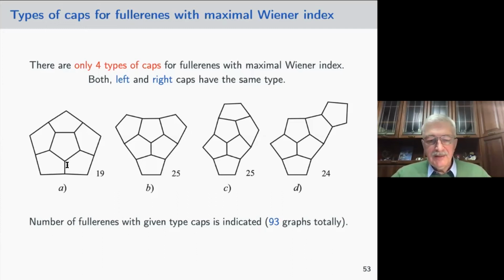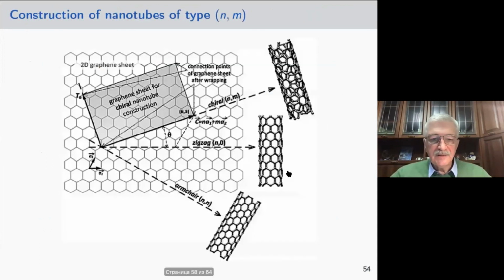Among all classes of graphs, there are totally 93 families, for a fixed number of vertices. So you see how many examples of each type. For this type, we see that the Wiener index is maximal. Also, if you fix the caps, the tube is not arbitrary.